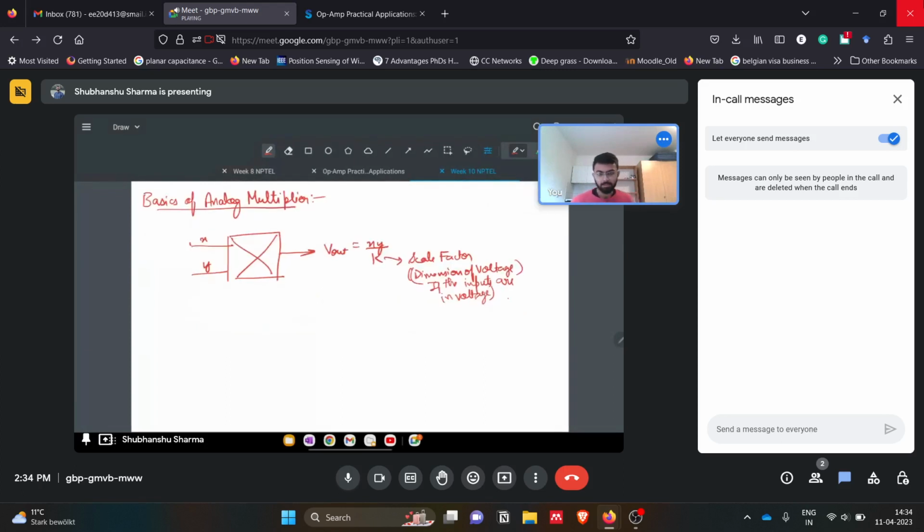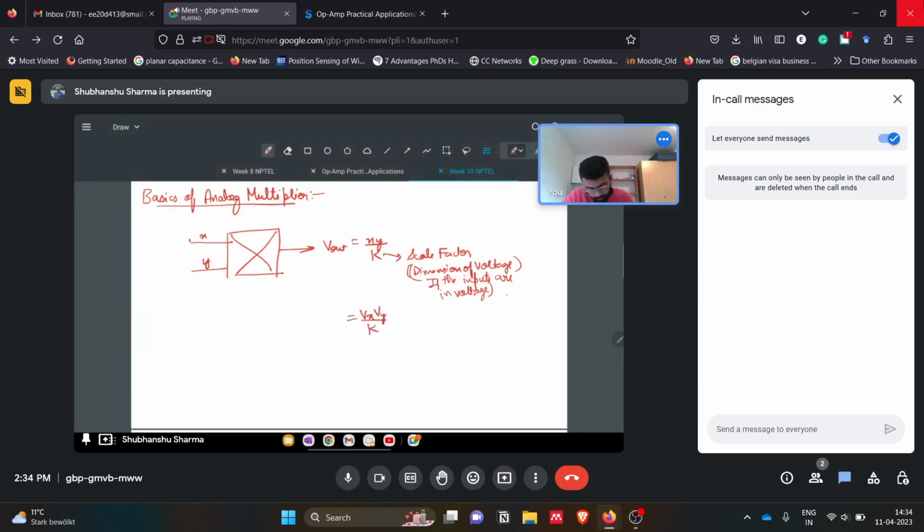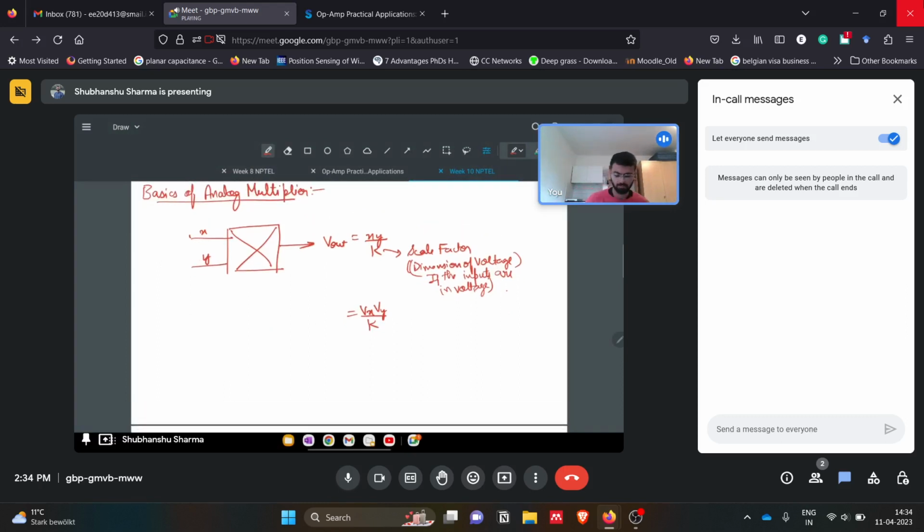So this can be Vx Vy by k. Analog multipliers multiply two input signals, and we get the output as this one.